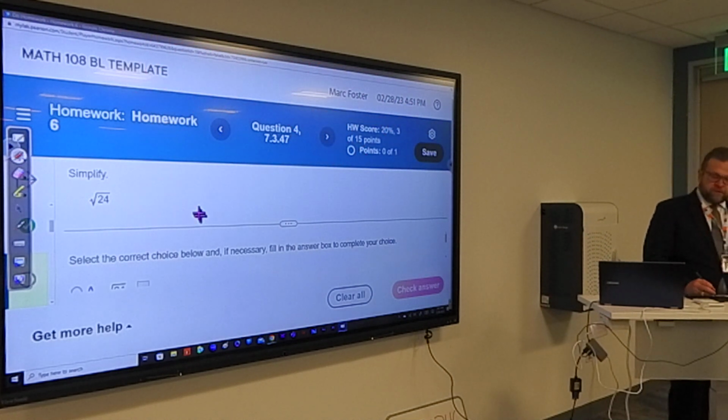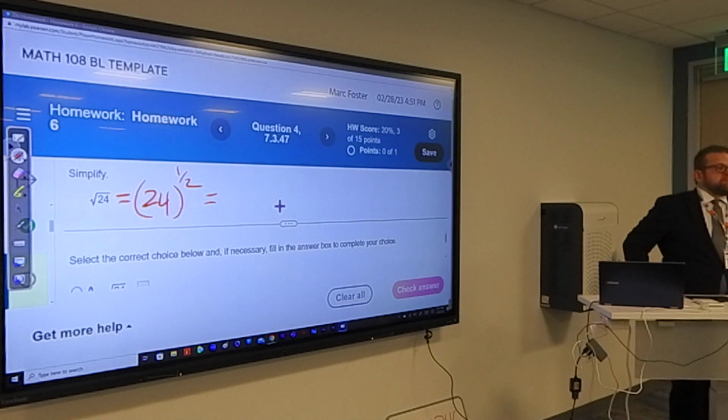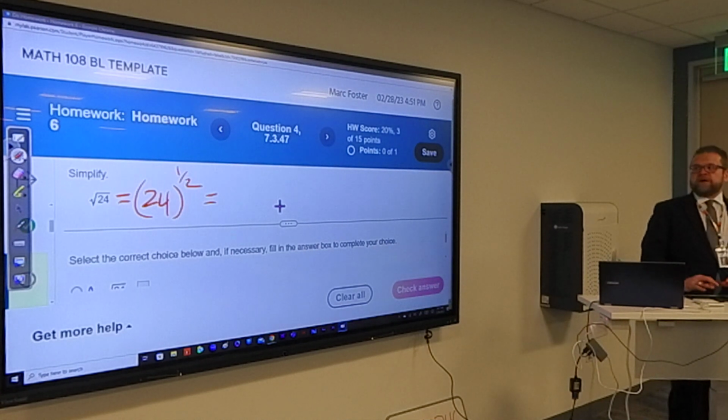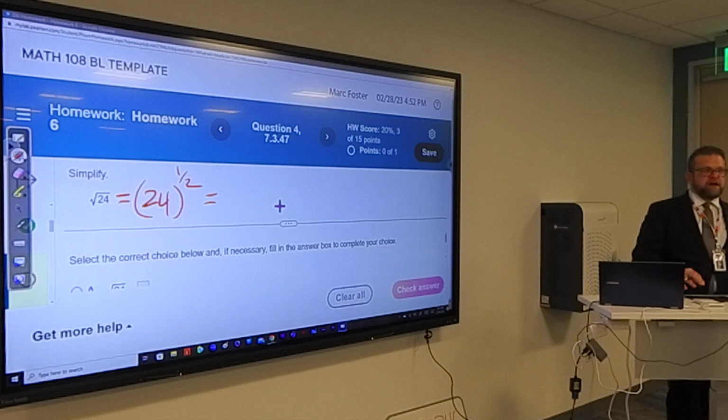Square root of 24. Well, 24 is not a perfect square. I need to start factoring 24 until I can recognize some of those factors as perfect squares.